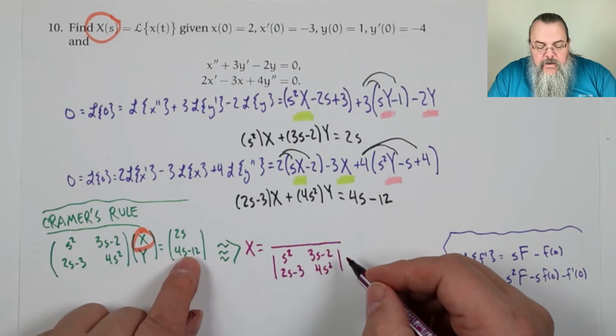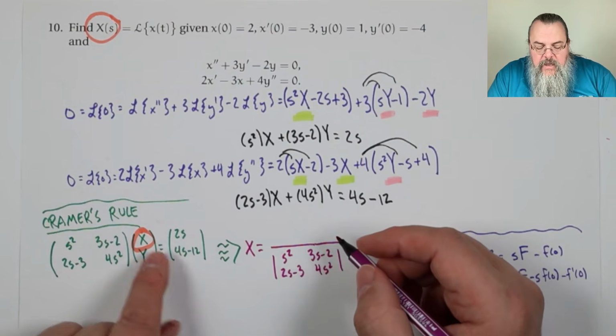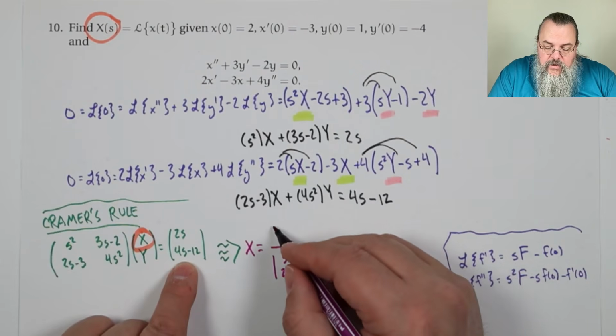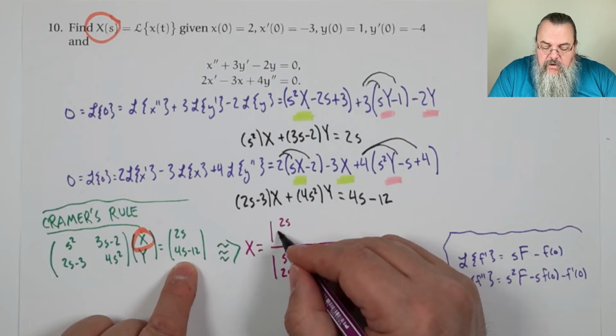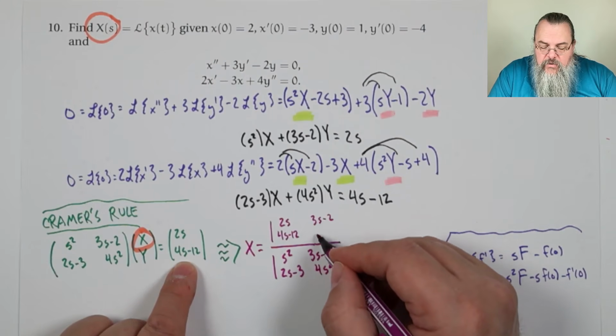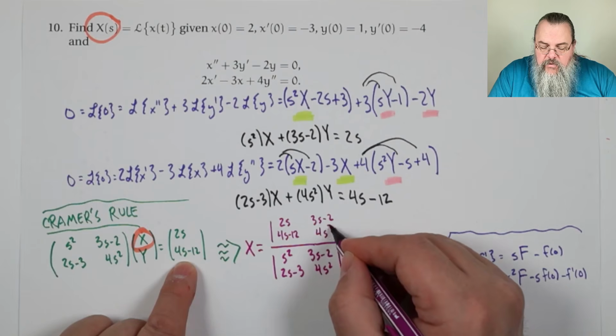The numerator, very similar, except the x column gets replaced by these terms. So we have 2s, 4s minus 12, 3s minus 2, 4s squared.